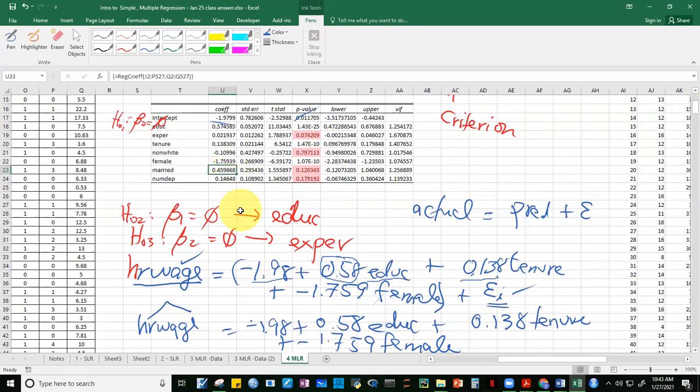Yun ang ibig sabihin nun. Ito, sampa, non-white. Ano ibig sabihin nito? On the average, non-white employees receive $0.10996 less than their white employee counterparts, comma, ceteris paribus. So that's the meaning of that, guys.